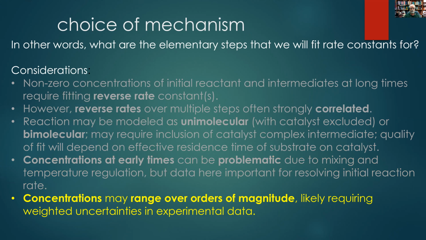And finally, the concentrations in many cases get so low that we're comparing concentrations at the same time that may be different by factors of 100 or more. And therefore, we have to use a little bit more complicated analysis than we might be able to do if we were, say, just trying to use Solver in Excel.